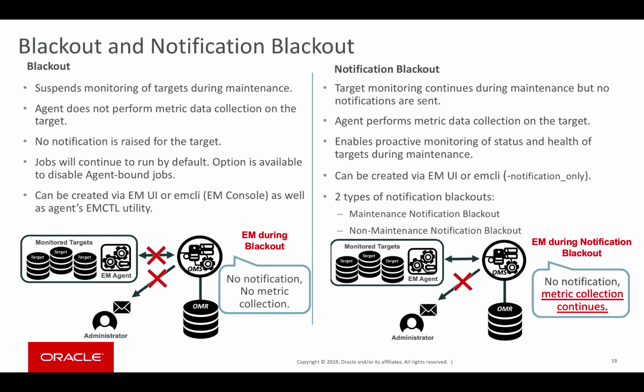Therefore, under notification blackout, if you go to Incident Manager, you see the events generated as usual as you bring the targets down. It just does not send notifications for those events. So notification blackout can be used if you care about the SLA and want the SLA to reflect the target outage, but you don't want to get the notifications. That's when you can use notification blackout instead of blackout.